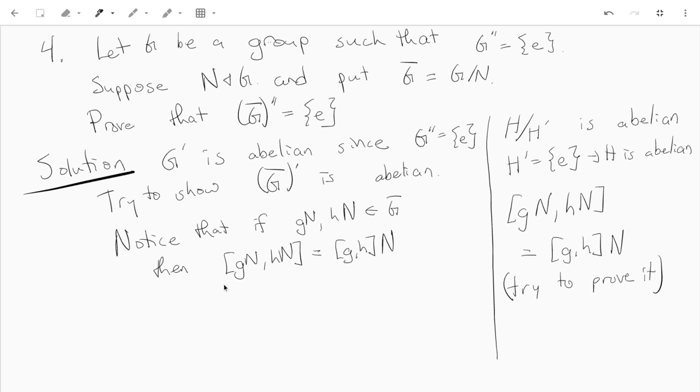Okay, what this tells us is that any commutator of G bar is the coset of a commutator of G. So what does that tell us? G bar prime, well, that's just the subgroup generated by all the commutators of G bar. So that's just generated by the cosets of the commutators.